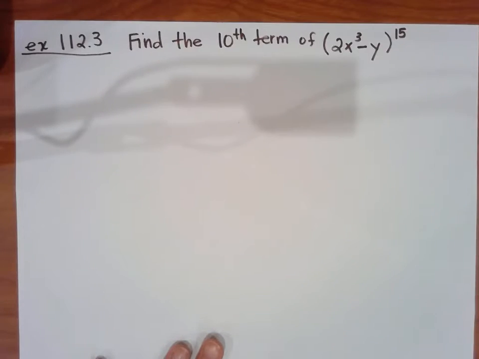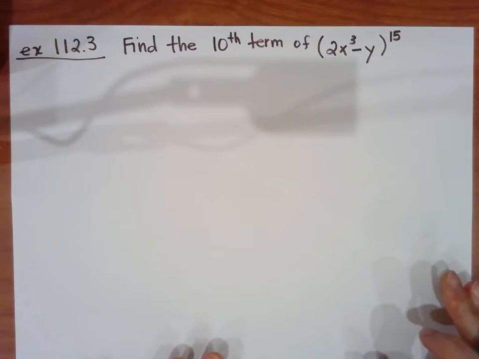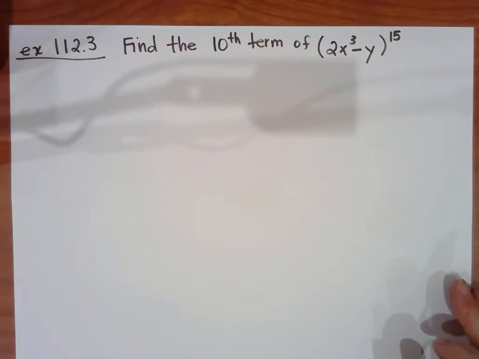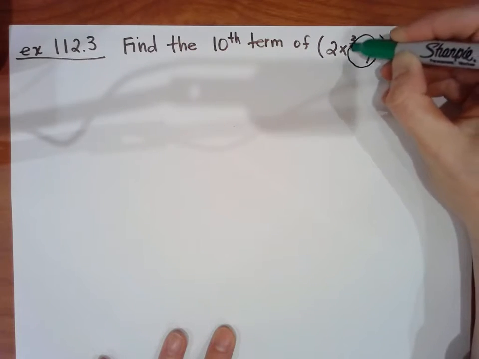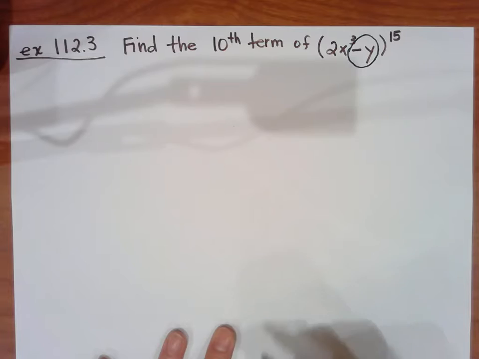One last problem. This time, instead of just a simple f and s, we're going to have something a little bit more complicated. We want the 10th term of 2x cubed minus y to the 15th power. One tricky thing is to make sure you include the sign with that second term.